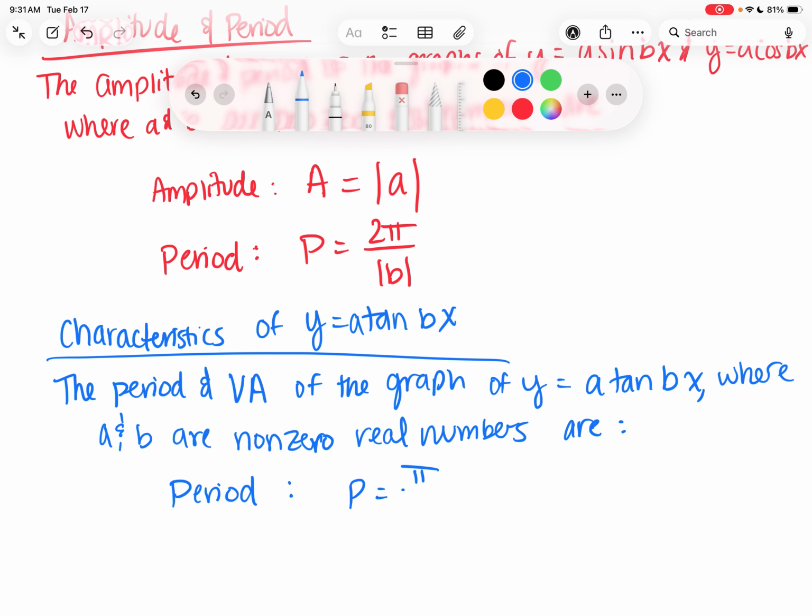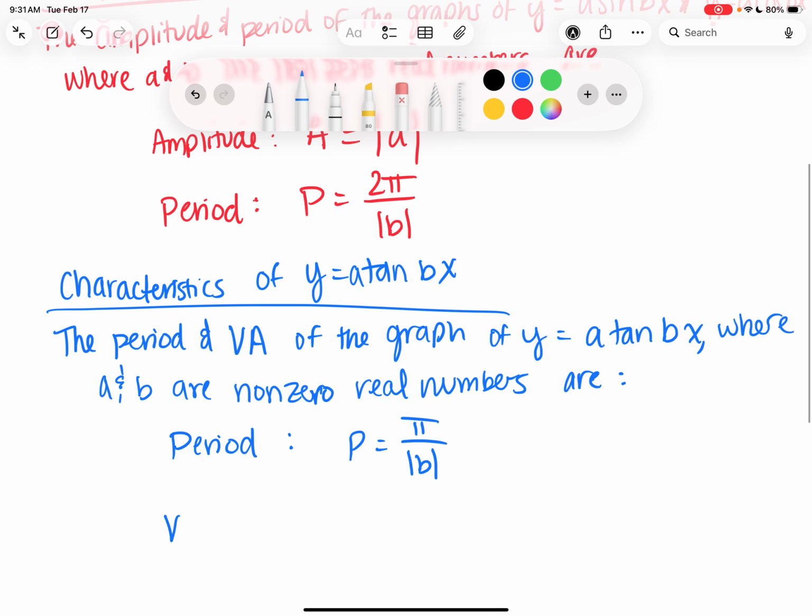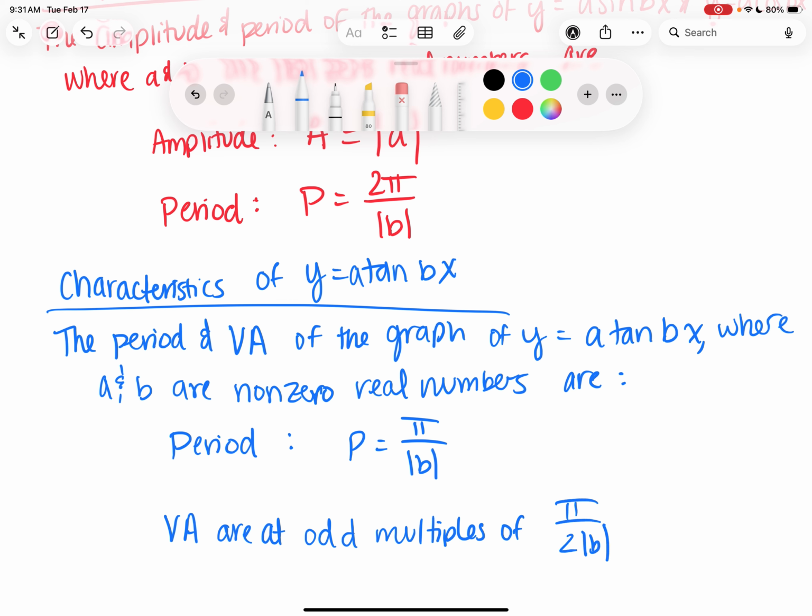It is pi over the absolute value of b. So the difference is that it doesn't have the 2 in it. Now the vertical asymptotes are at odd multiples of pi over 2 times the absolute value of b.